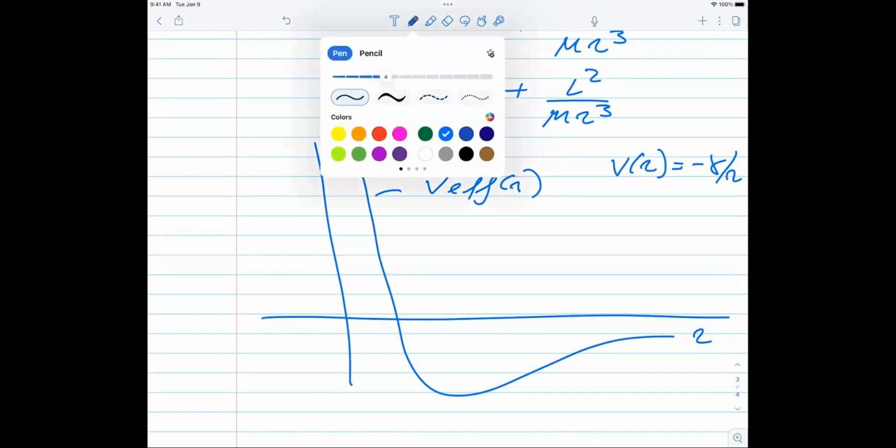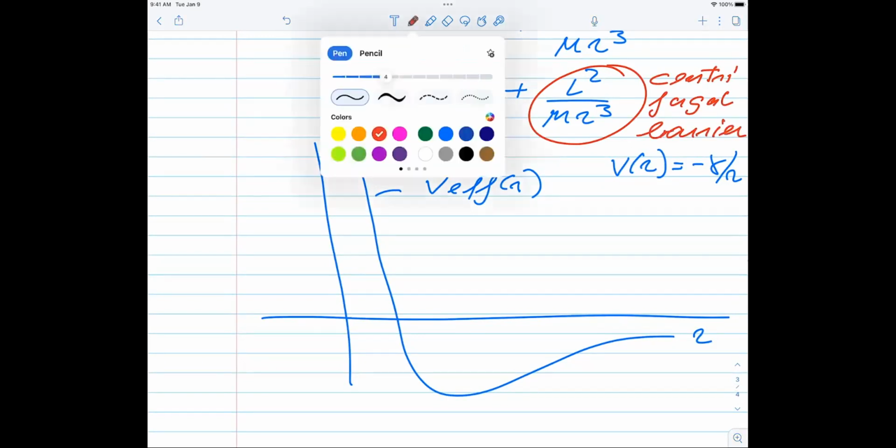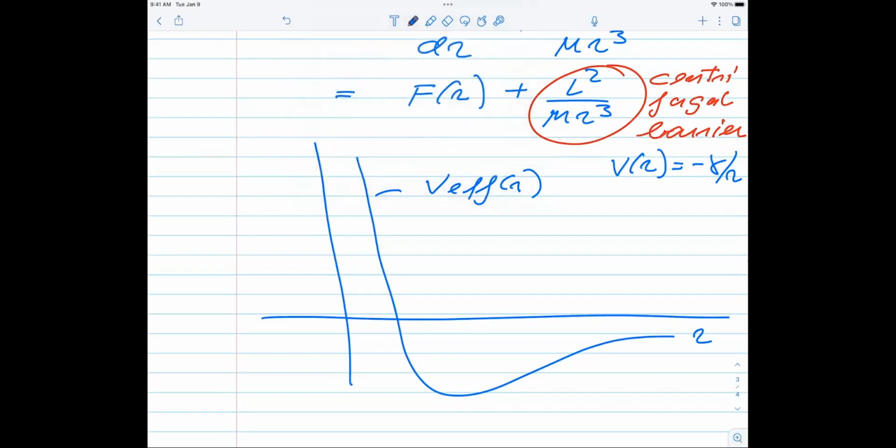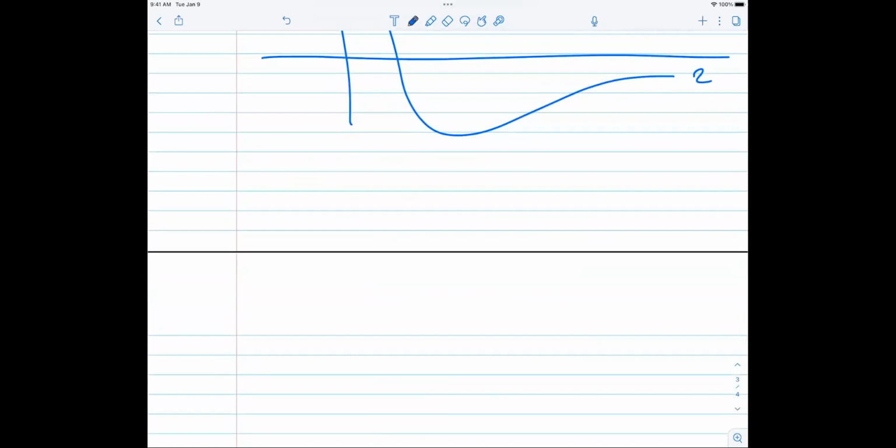So if we bring in this term here, this is normally called a centrifugal barrier. And it depends actually on the angular velocity.